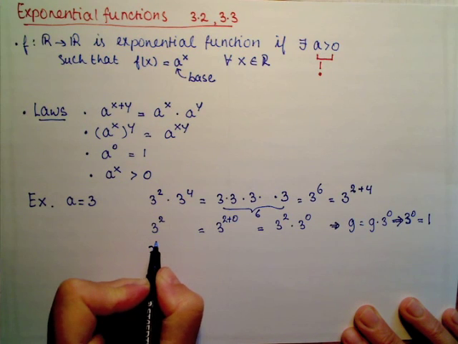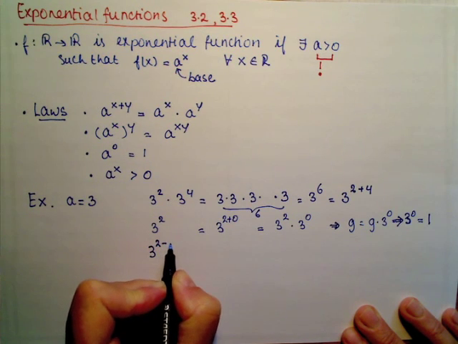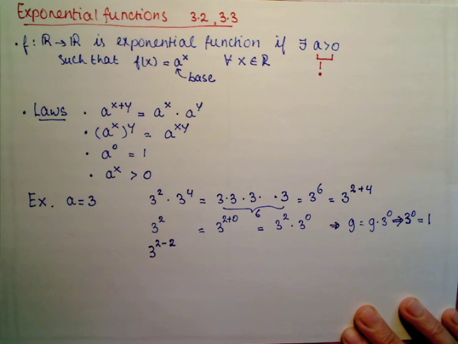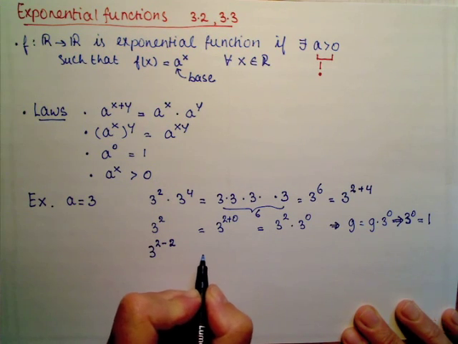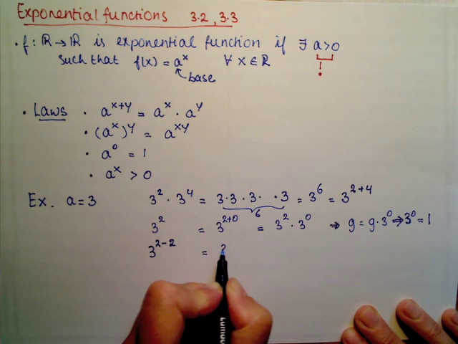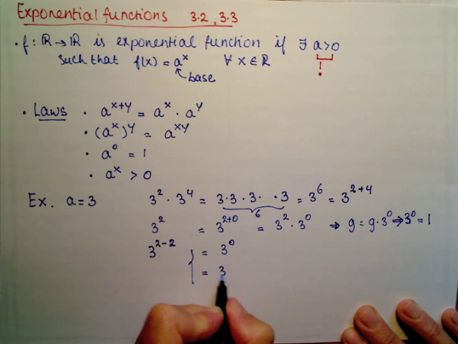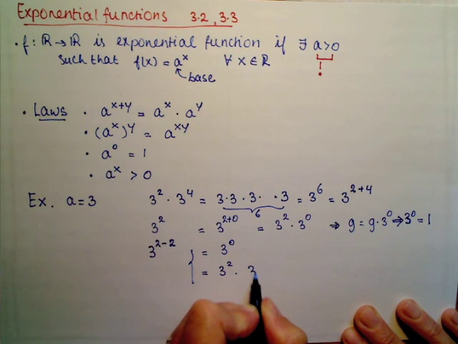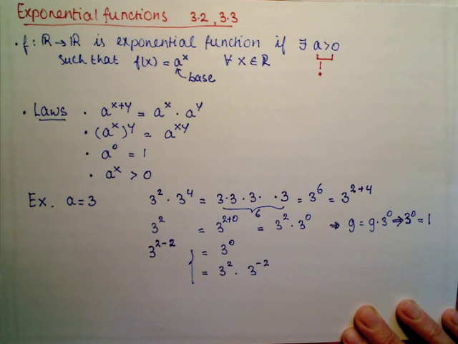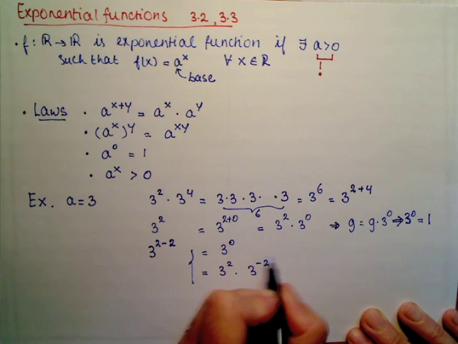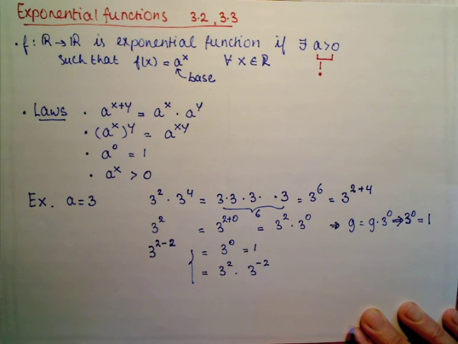Let us consider, for example, calculating 3 to the power 2 minus 2. On one hand, this is 3 to the power 0. On the other hand, by the laws of multiplication, this should be equal to 3 to the power 2 times 3 to the power minus 2. So on one hand we get 1, on the other hand we get 3 to the power 2 times 3 to the power minus 2.